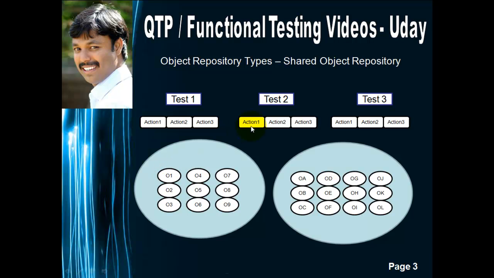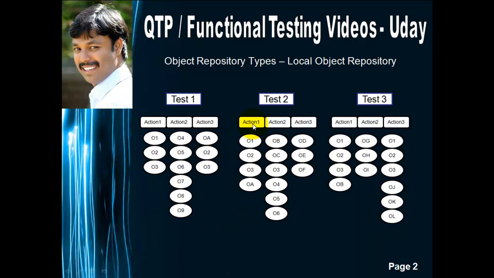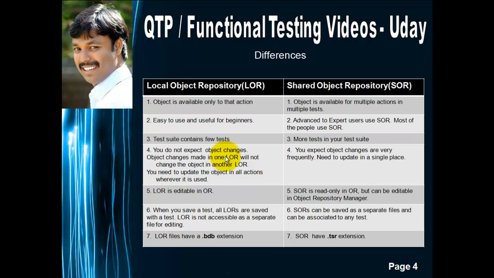Whereas in my local object repository that is not the case. If you make any changes in here, that will be impacted to that action only, because even if the object is the same, it will be considered a different object.